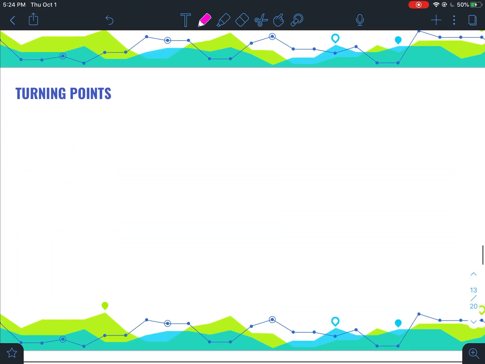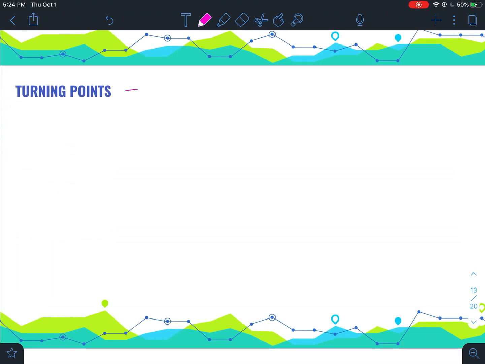So turning points. So turning points on the graph are what you would view as the peaks and the valleys on the graph. So like if this is my guy, that peak and that valley, we would call those the turning points. How many turning points a graph has? So the most turning points that a graph could have is 1 less than the degree.